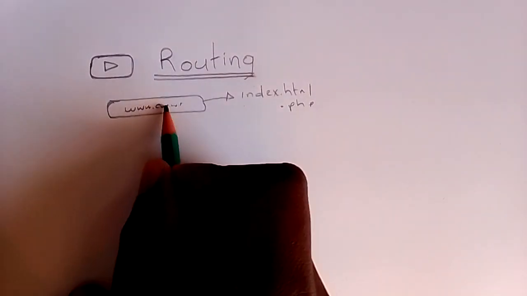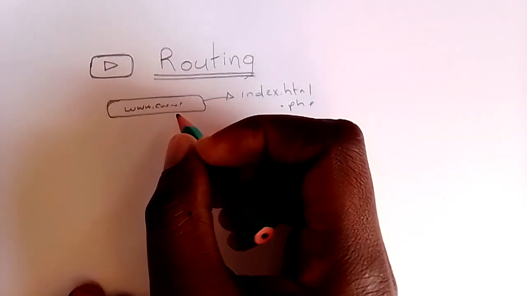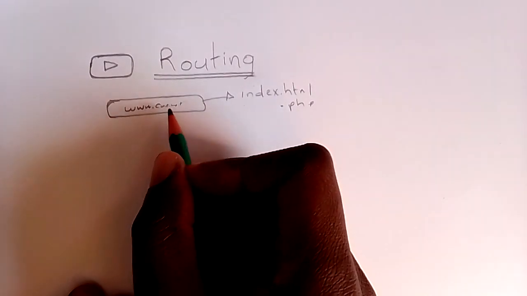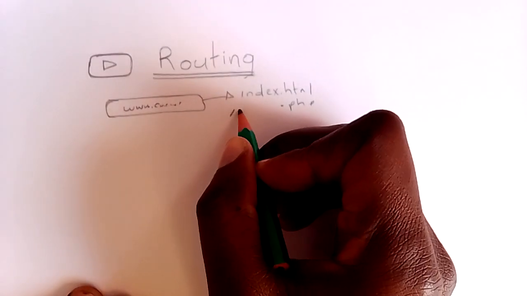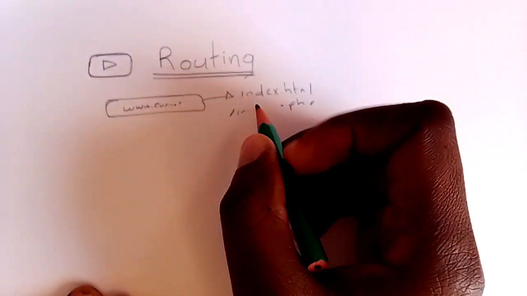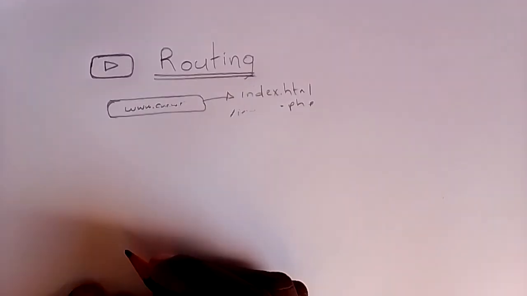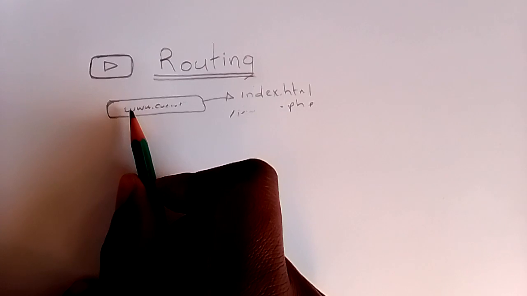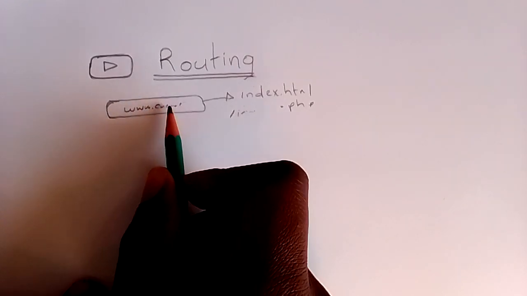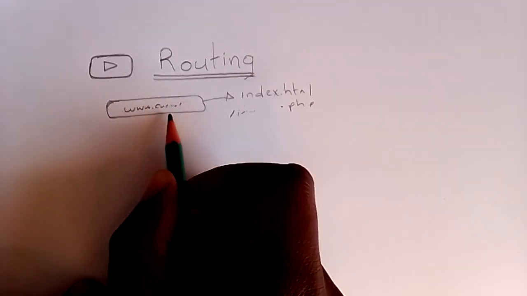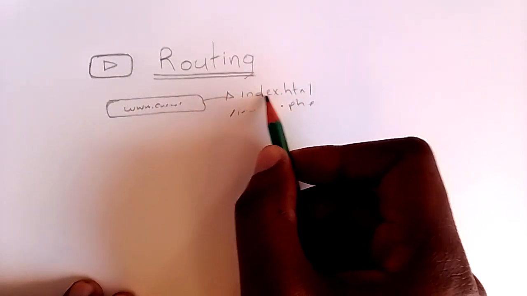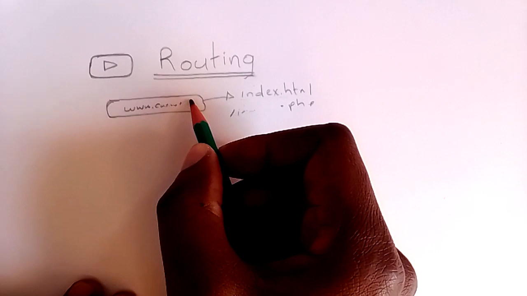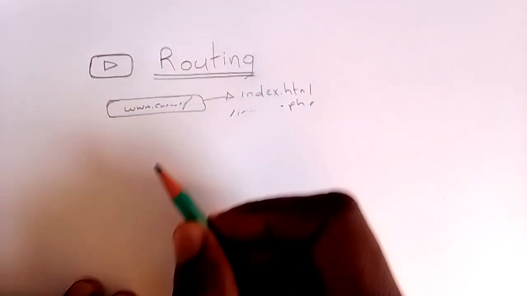That's why you just go to codeddesign.co.za or google.com without seeing /index.php or index.html, simply because when in the root directory of this domain, the server automatically executes this page without you having to write it here.